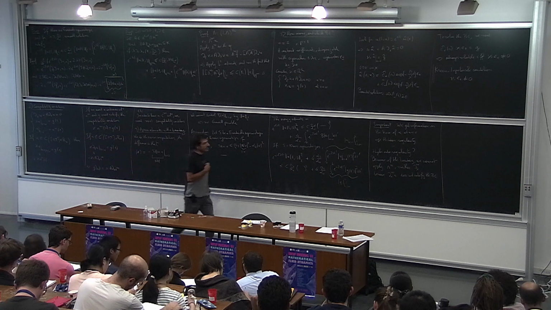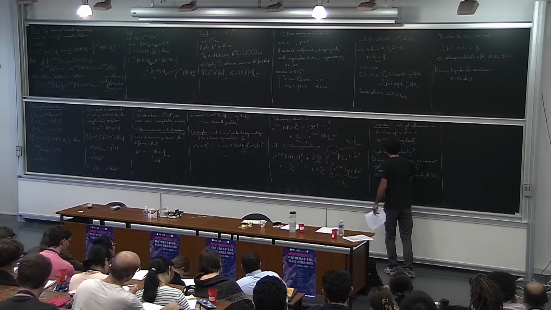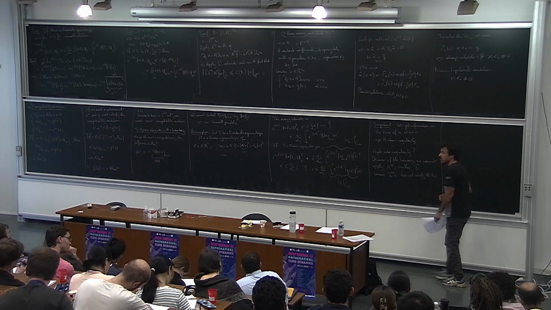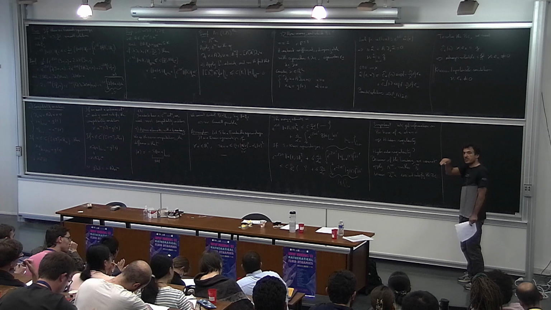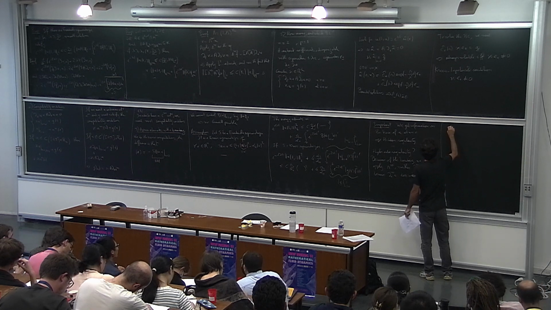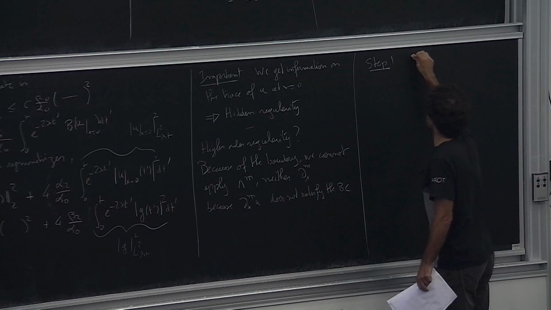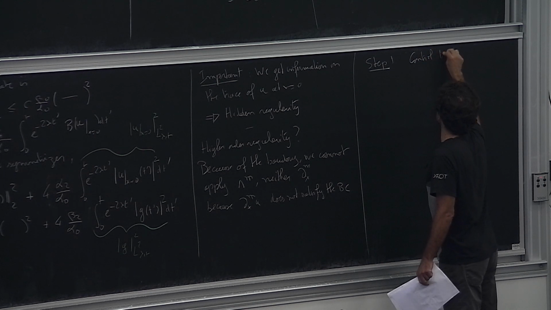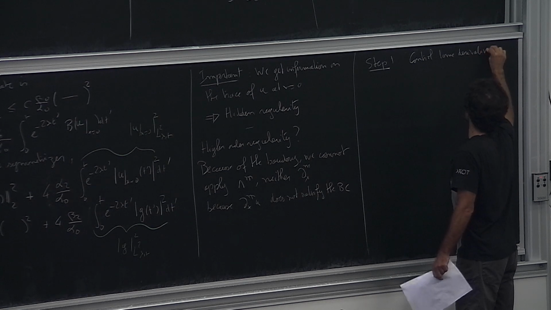So what is the trick to do this? As I said, you can differentiate the equation tangentially, and the time is tangent to the boundary. So what you do is, step 1, use control time derivatives. I do the same.